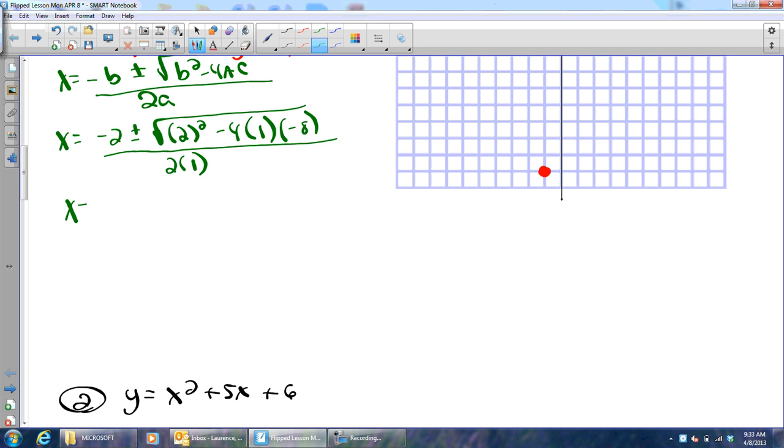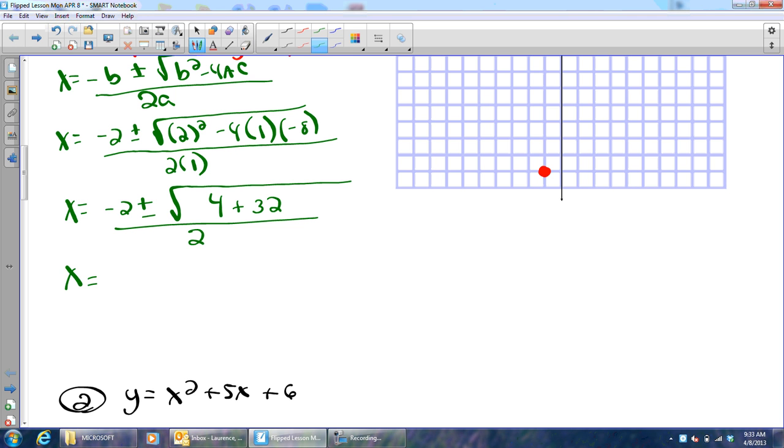So x is going to equal negative 2 plus or minus the square root of 4 plus 32. I'm liking this one because it's going to come out pretty. x equals negative 2 plus or minus the square root of 36 over 2, and that means negative 2 plus or minus 6 over 2.